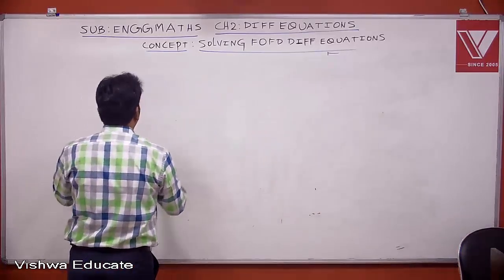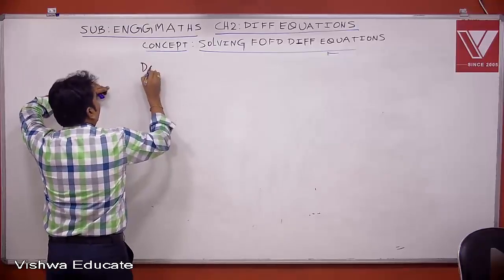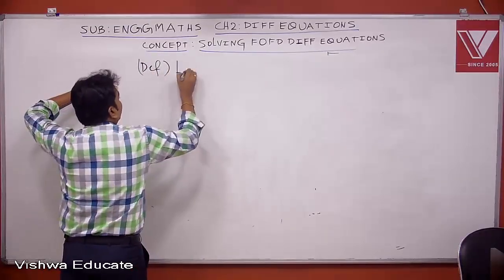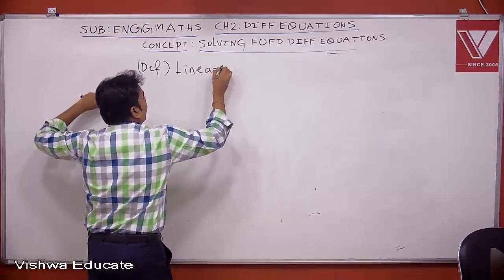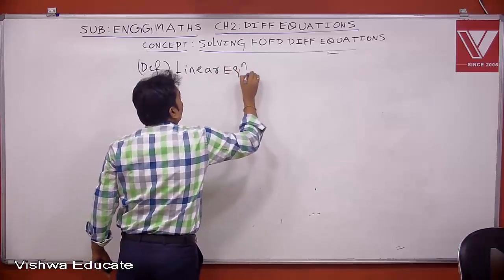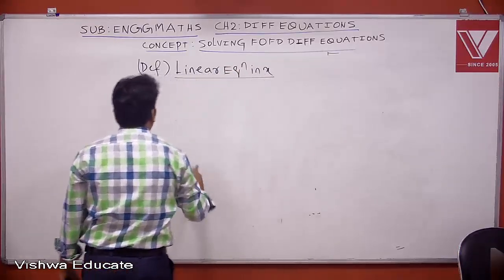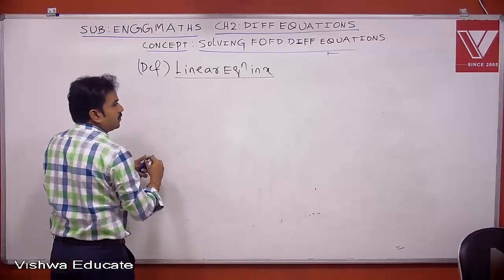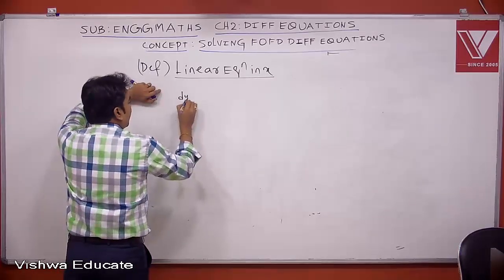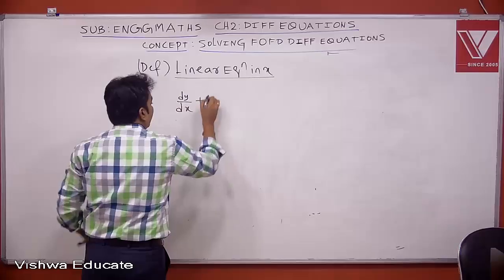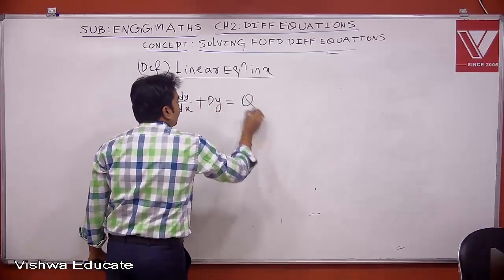Next we discuss one definition, that is linear equation in x. The previous one is linear equation in y. Now it is the linear equation in x. What is the previous equation? It is dy by dx plus py equal to q.